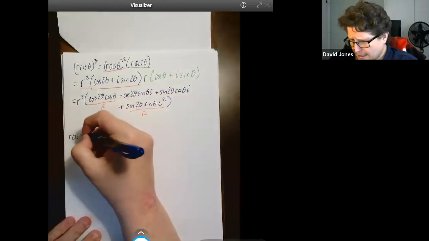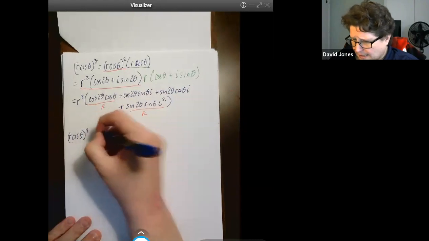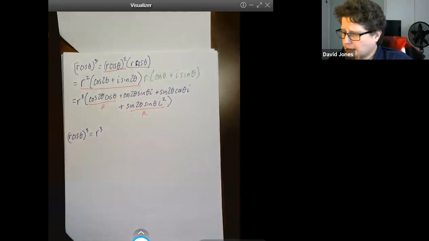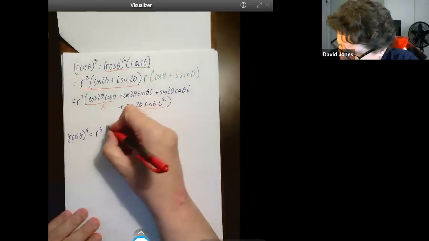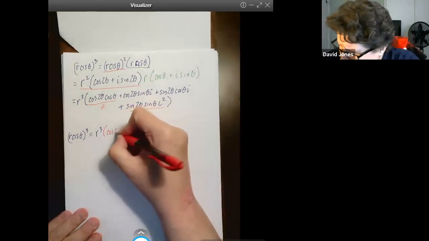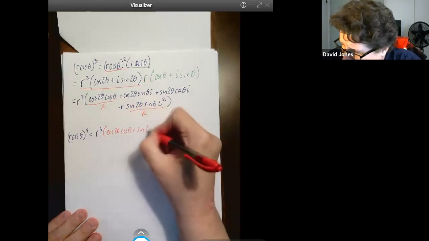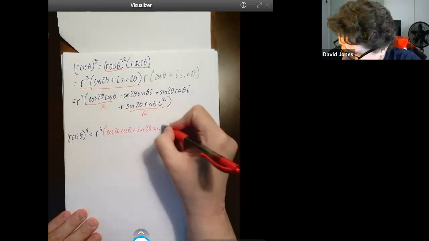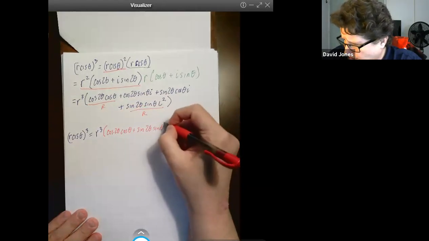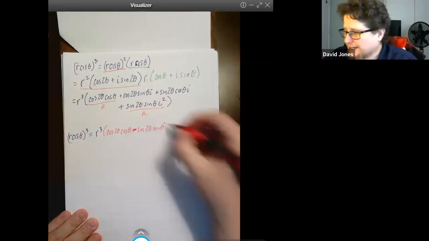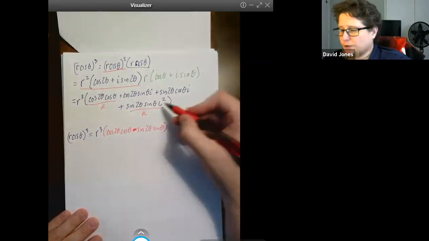So r cis theta cubed is r cubed. Then I've got cosine 2 theta cosine theta, minus sine 2 theta sine theta, because the i squared goes to negative.